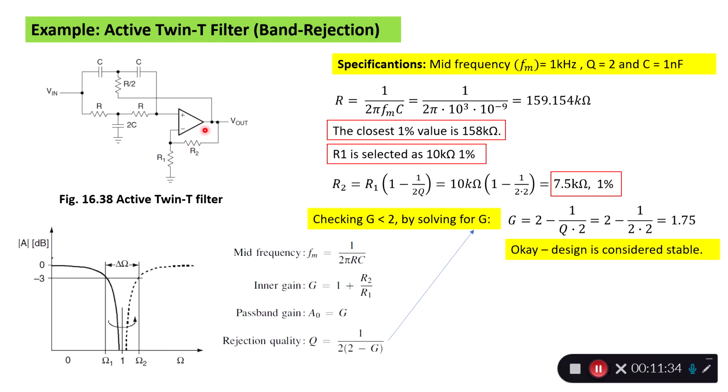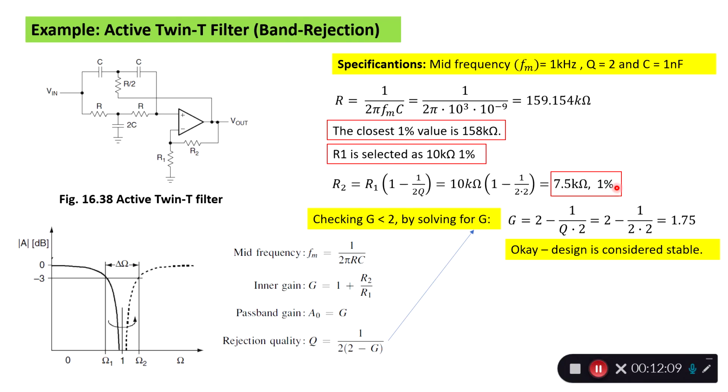So depending on whether we are running on battery or have to be more considerate about the energy consumption in general, a 10 kilo ohm could be a good value, and we know it comes as a 1% resistor. So we use this in this equation to calculate R2, and it's 7.5 kilo ohm, and it can also be found as a standard resistor value of 1%.